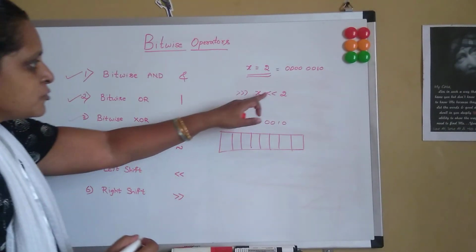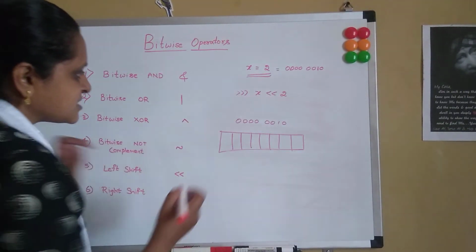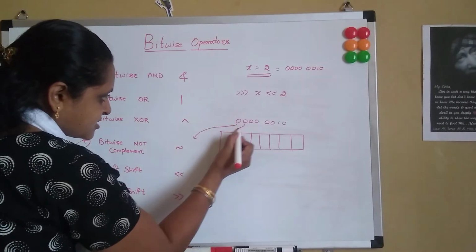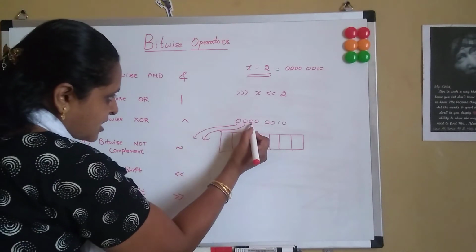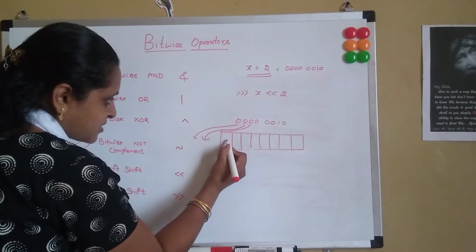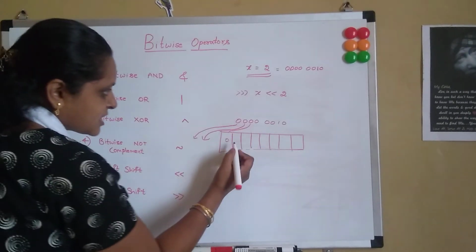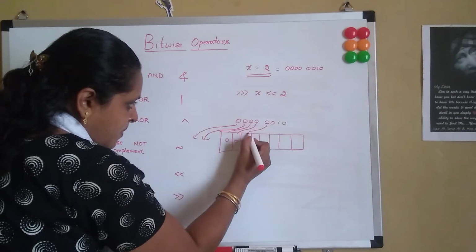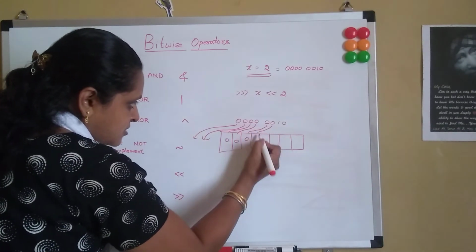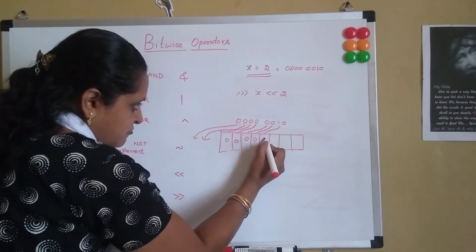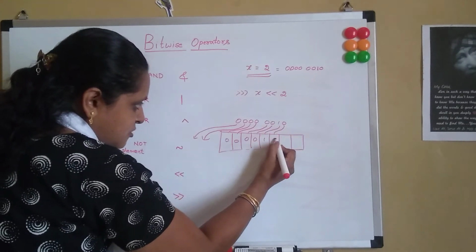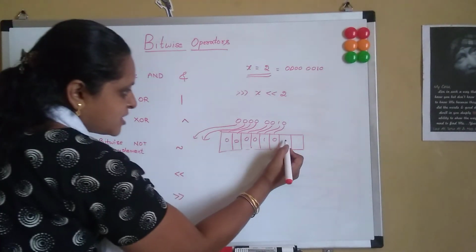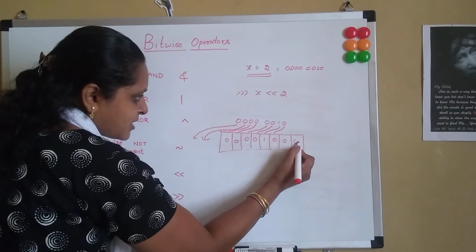So now I have to do a left shift of 2 bits. That is, this bit will be going out, this bit will be going out, and the third bit will come in this particular position. So it will be nothing but 0, 0, 0, 0, 1, 0, and the last 2 bits are free.